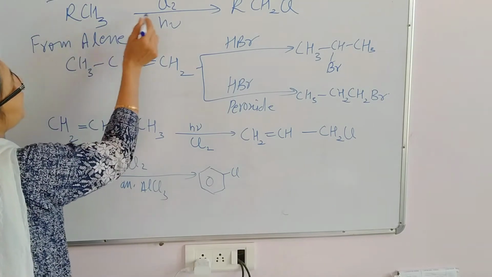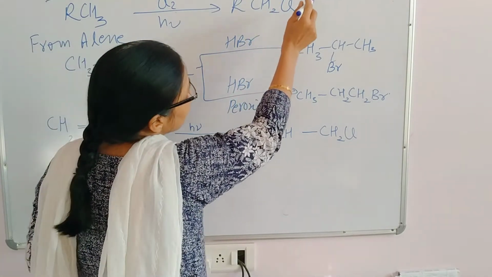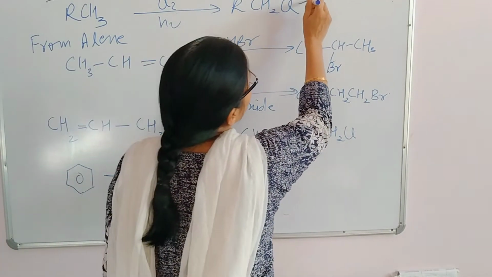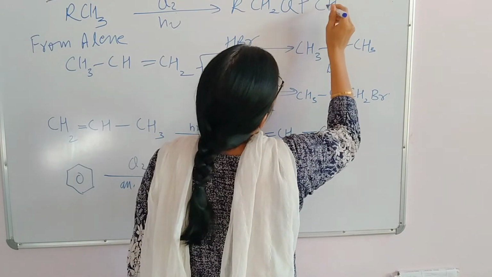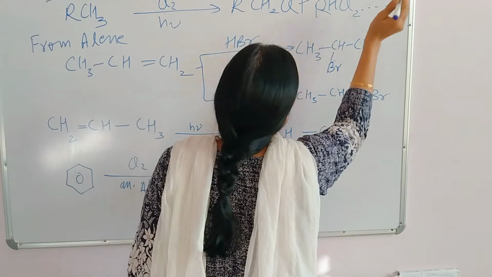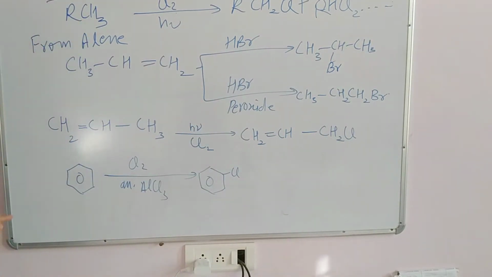Alkane when treated with sunlight and halogen, mono substituted, di substituted, tri substituted, all types of halide can be given. For example, RCH2Cl and some more derivatives can form. You have studied in the last classes.